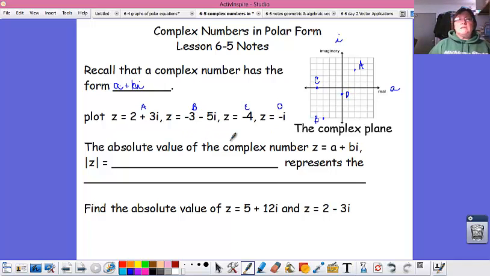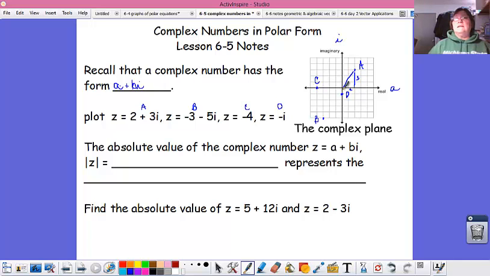Very good. The absolute value of the complex number, absolute value of z. If you think about that, folks, I want to just sketch in one little triangle here and ask you to think about that. That was 2 in the real direction and 3 in the imaginary direction.